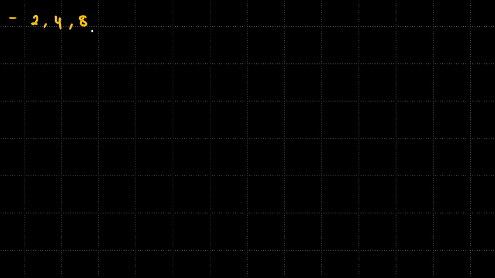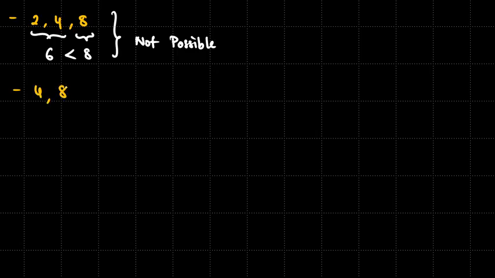So let's look at 2, 4, and 8. Over here, I obviously see the sum is going to be 6, which is less than 8. Since this is less than 8, 0 is not possible. And for the second case, which is 4, 8, 16, just look at the other vectors except the largest one.